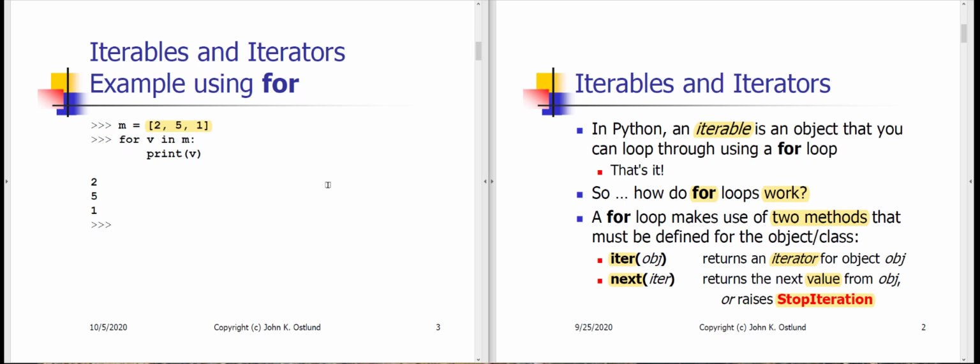We're using a for loop to step through the items of M. V is the variable containing each of the subsequent values in M, and this just prints out those values, one value per line. So 2, 5, and 1 on separate lines. Internally, the for loop is using iter and next and looking for and handling the StopIteration exception.